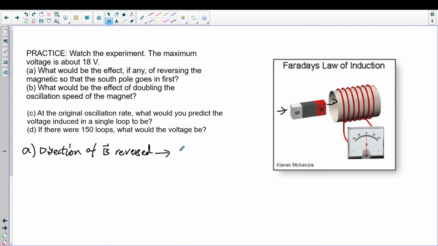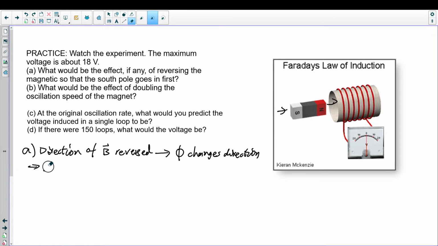Therefore, the flux changed direction. Therefore, the EMF will change direction. Or more specifically, I can say the current will change direction.